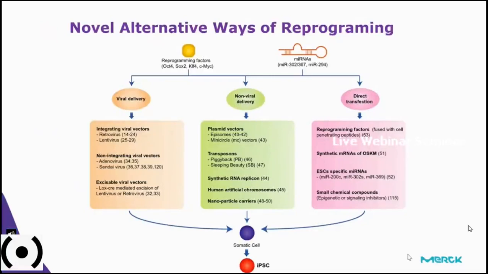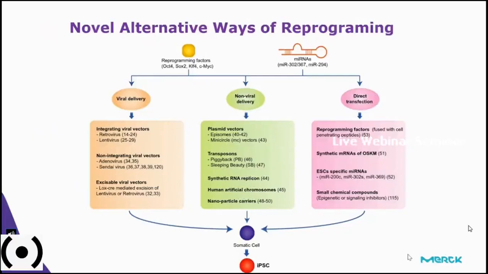And nowadays different approaches like direct transfection can be used. So instead of delivering the gene, now scientists are delivering the mRNA only. Scientists are delivering the direct proteins, and scientists are also looking for small chemical compounds which can reprogram the cells.